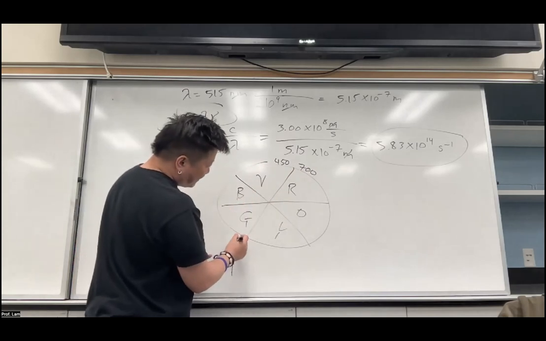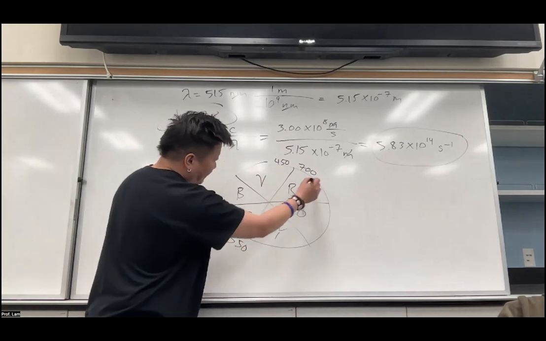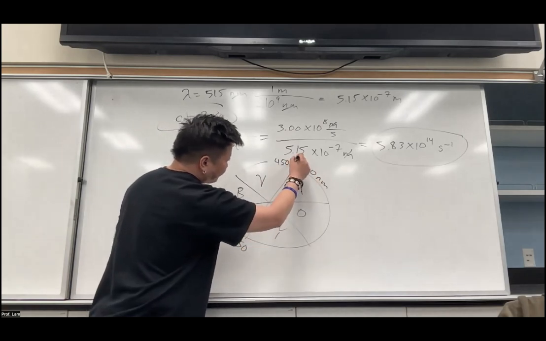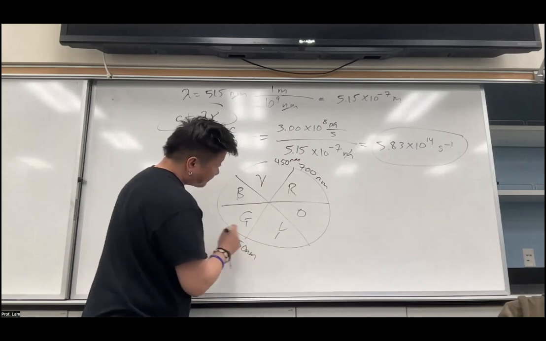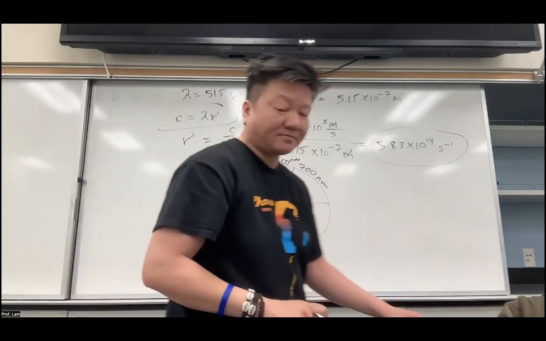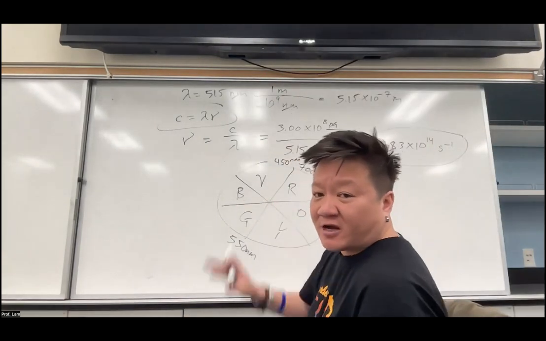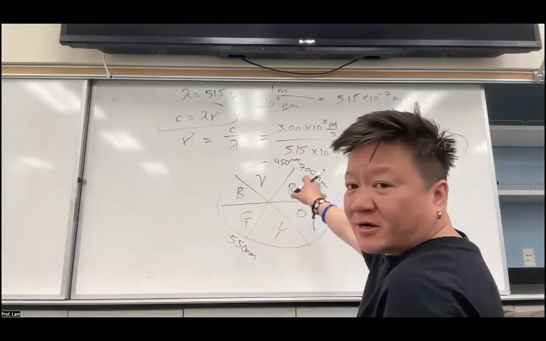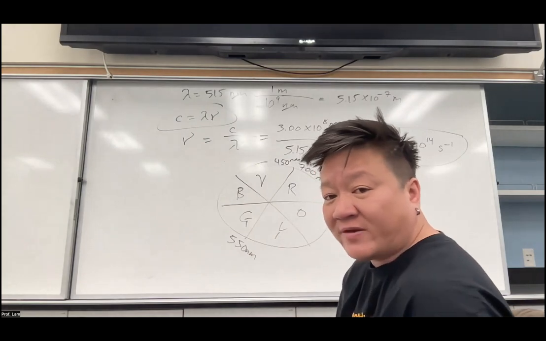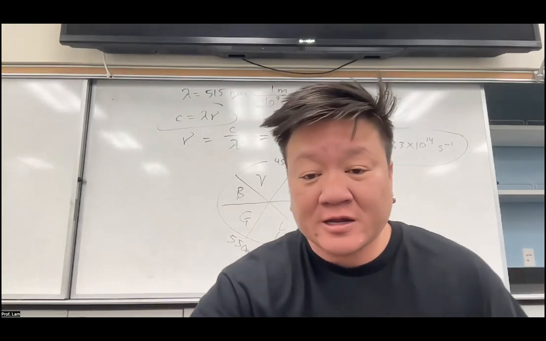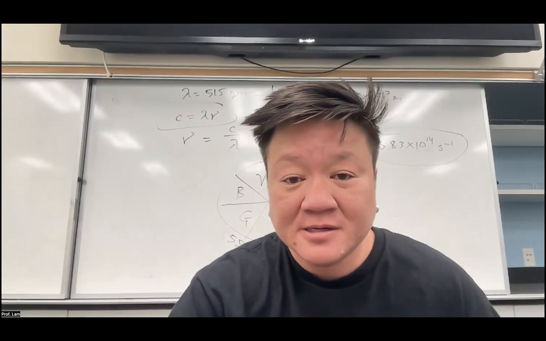Around here is 550. These are nanometers. If you can draw the color wheel and remember the wavelengths, it's going to be really helpful for a lot of the calculations in this chapter.